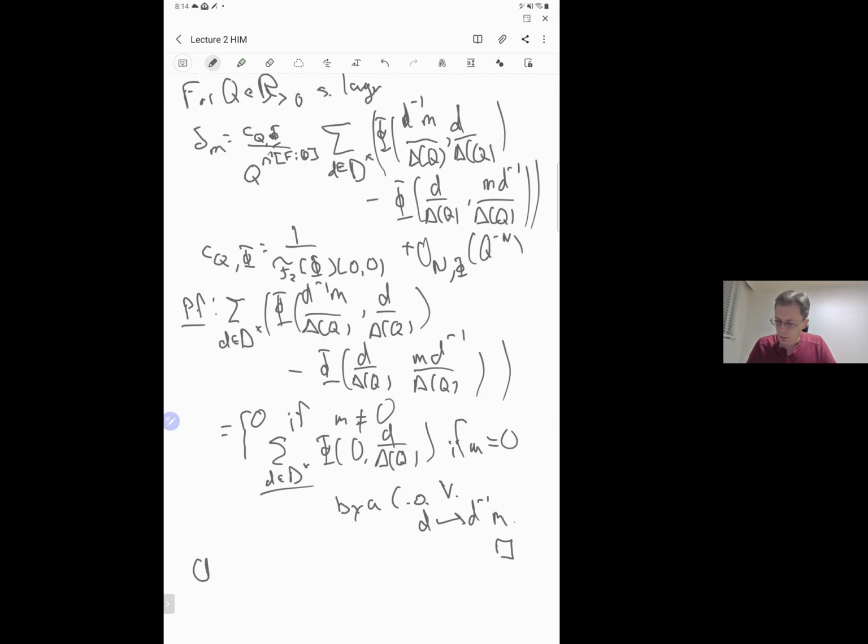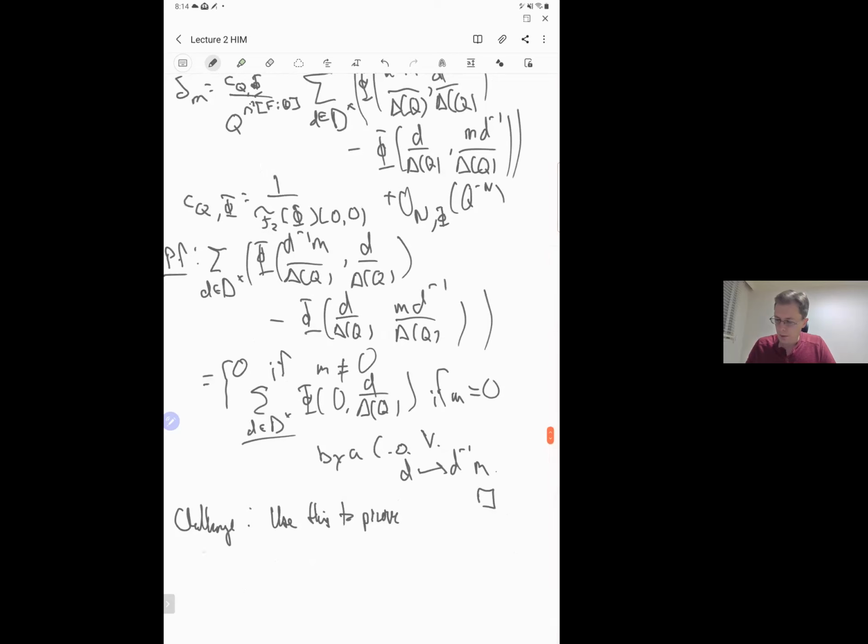So here's the challenge. It's to use this to prove analogues of the standard applications of the smooth delta symbol.